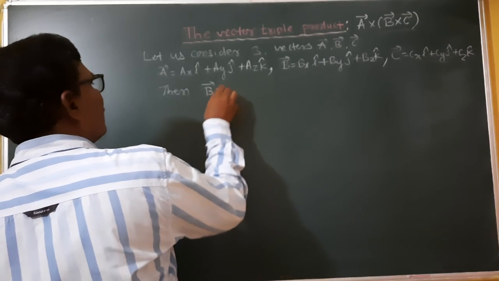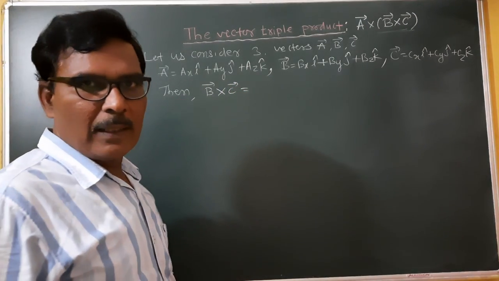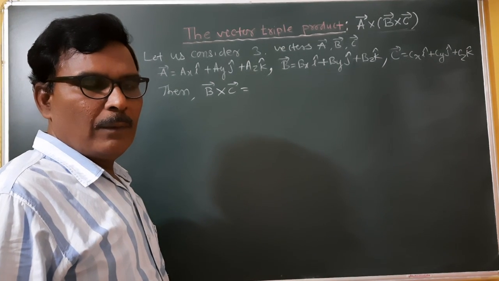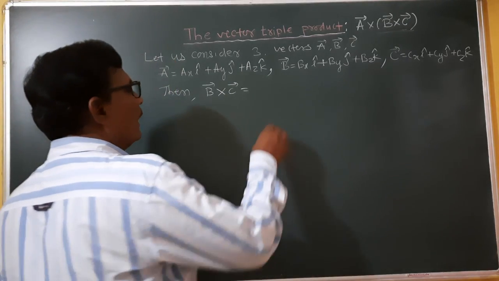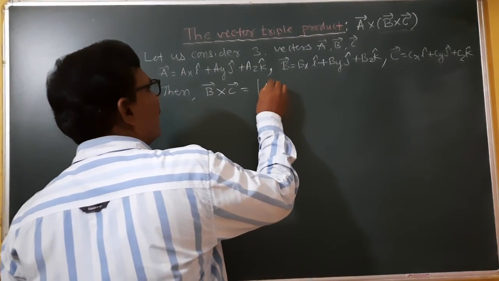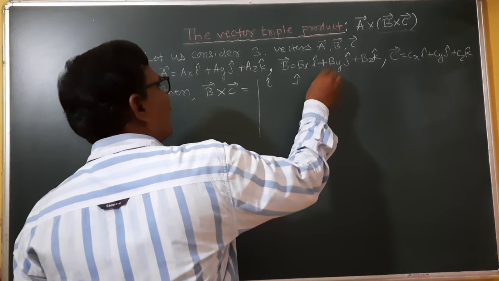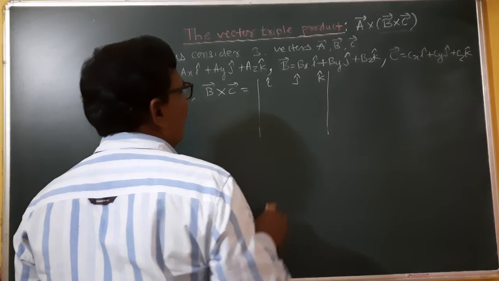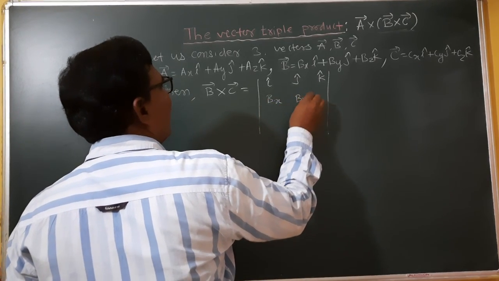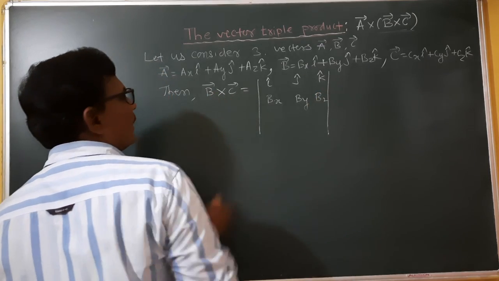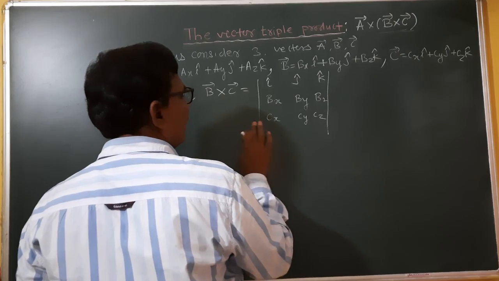Then we know B bar cross C bar is equal to, what is B bar cross C bar? We study this in the vector product, that is the cross product. B cross C can be expressed in the form of a determinant, that is I, J, K, then Bx, By, Bz, and the C components Cx, Cy, Cz.